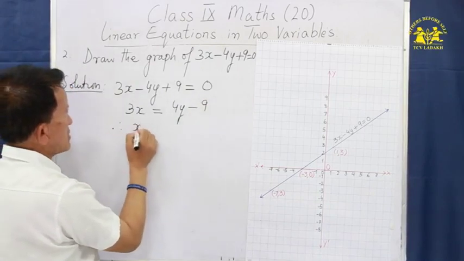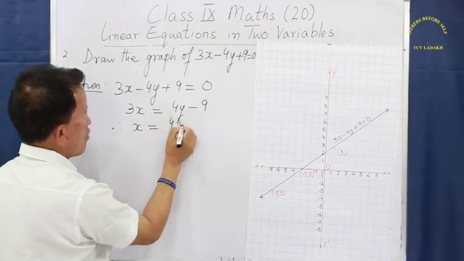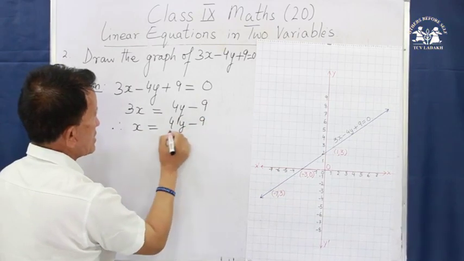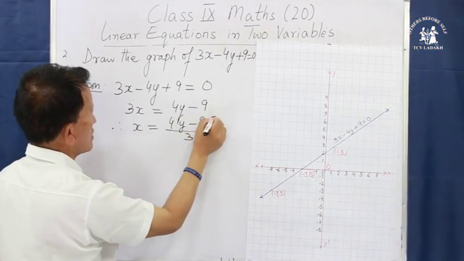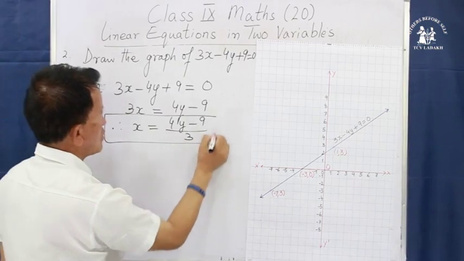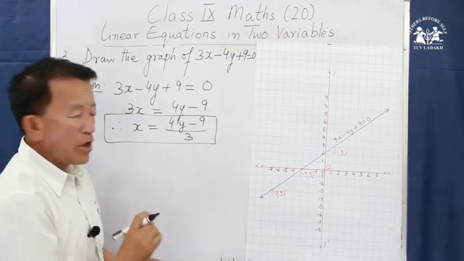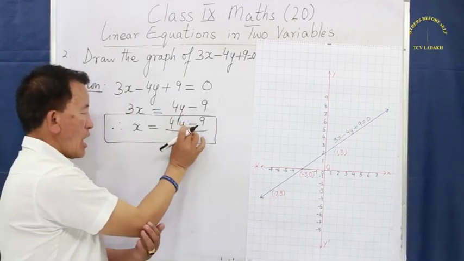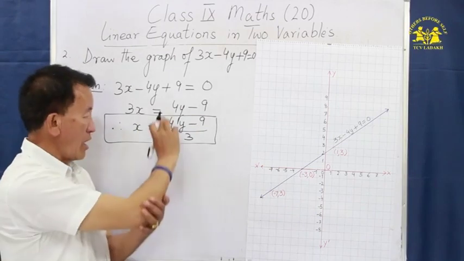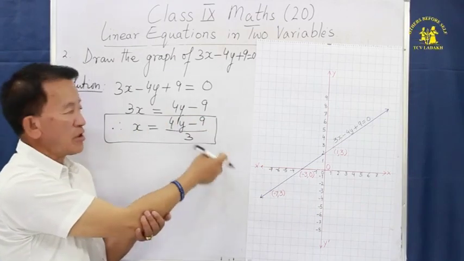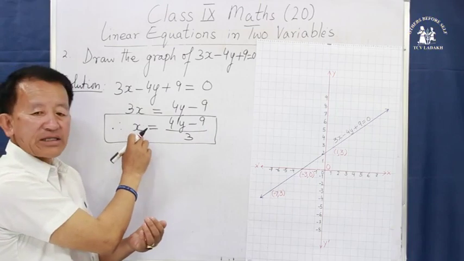So x is equal to (4y minus 9) divided by 3. Now you can put any value for y, and after calculation you can find the value of x.